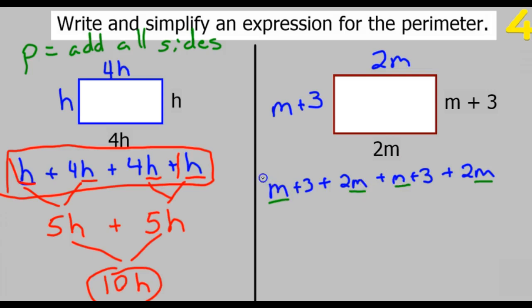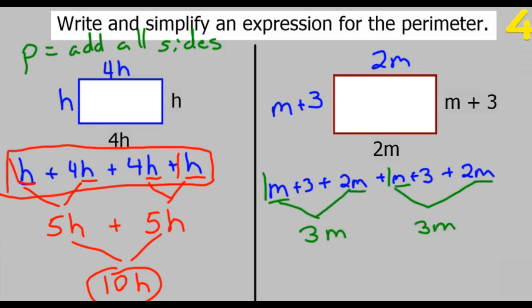Remember, if there's anything alone, we can put a 1 in front of it. I can put 2 1s there. 1m plus 2m gives me 3m. 1m plus 2m gives me 3m.